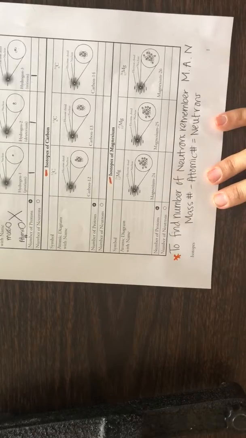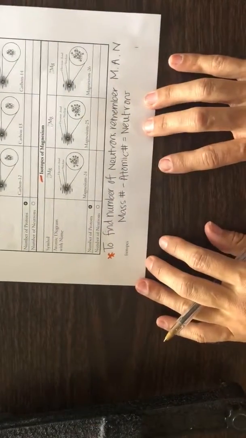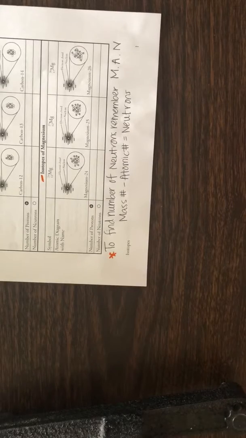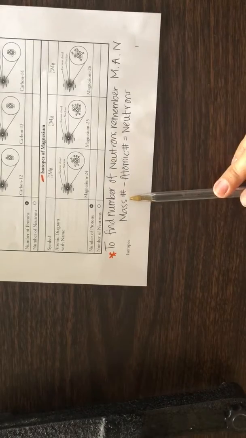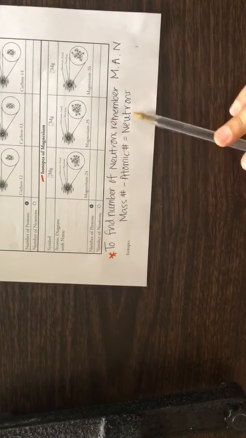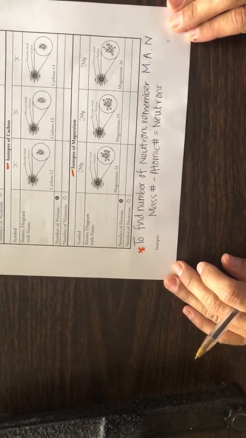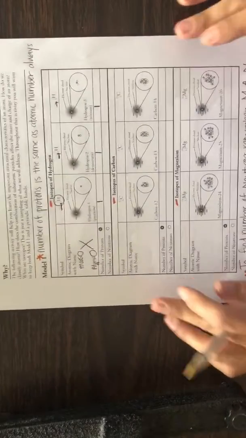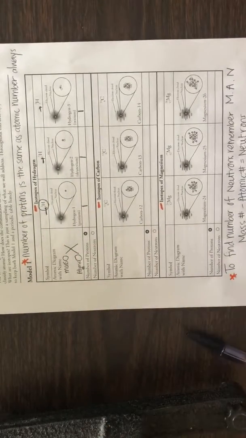Okay? The next one says the number of neutrons. At the very bottom, I wrote this note, if you need to write it down. To find the number of neutrons, remember the acronym MAN. The mass number minus your atomic number will give you the neutrons. So what I'm going to be doing is pretty much this top number, the mass number minus the atomic number.